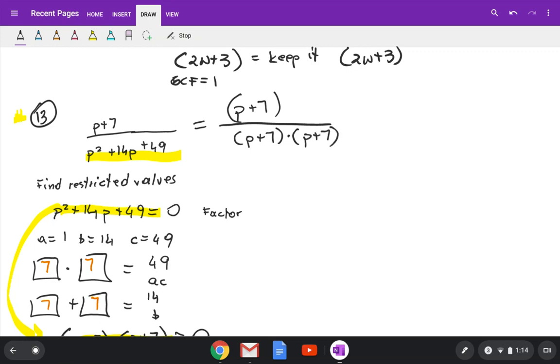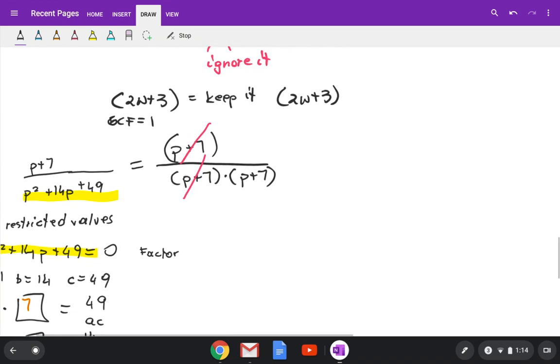And just cancel repeating factor, which is p plus 7. And that will give us 1 over p plus 7. Okay, so that's the simplified form of the given rational expression. Okay, so that was number 13.